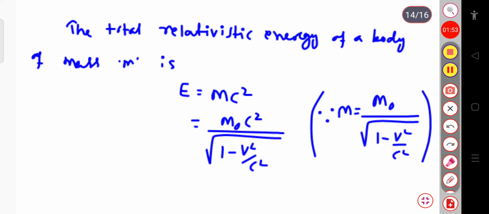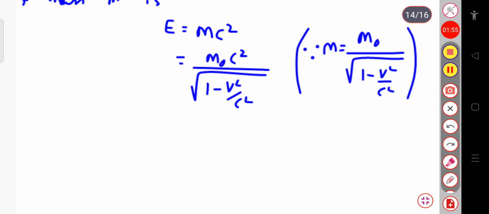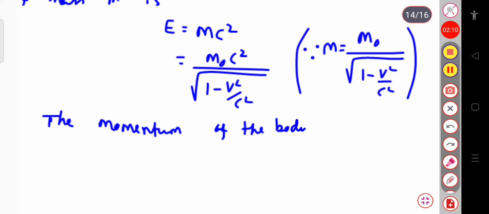But the momentum of the body P is equal to mv.